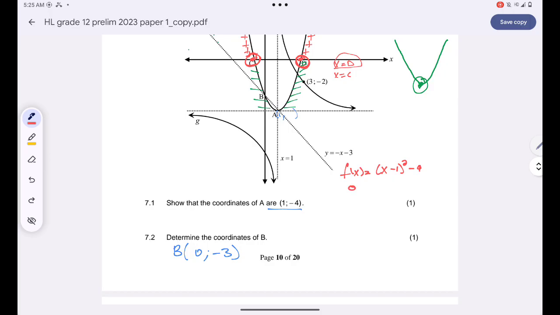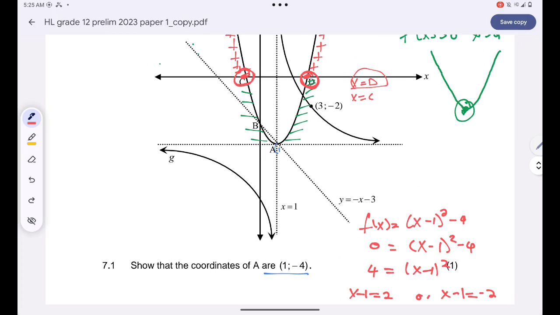So I'll simply have 0 equals (x minus 1) squared minus 4, and then positive 4 is equal to (x minus 1) squared. If I take square roots on both sides, I'll end up with x minus 1 equals positive 2, or x minus 1 equals negative 2, and hence x is equal to 3, or x is equal to negative 1.